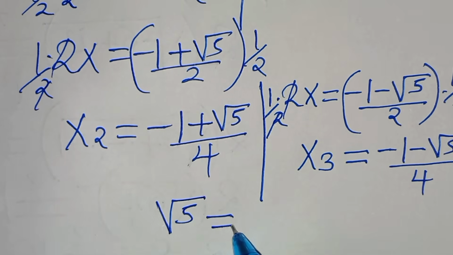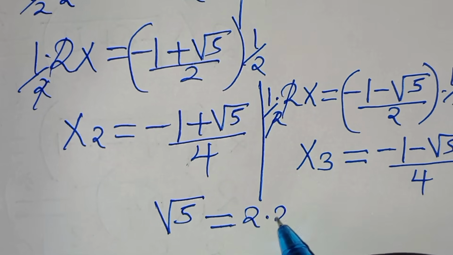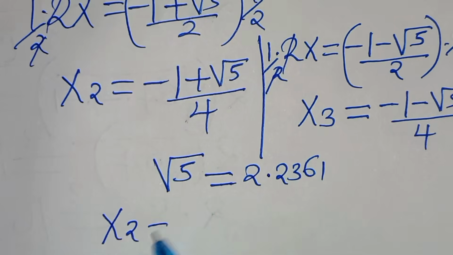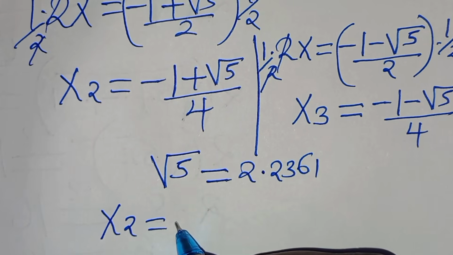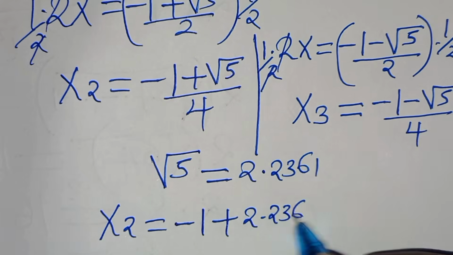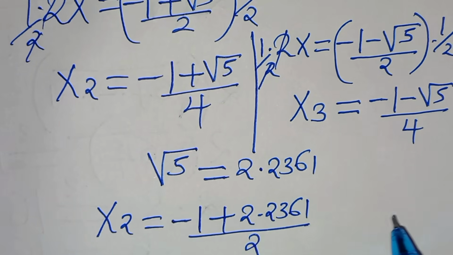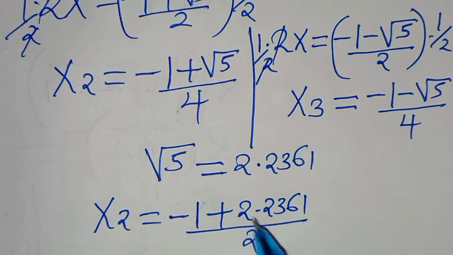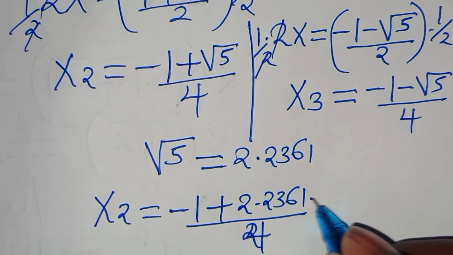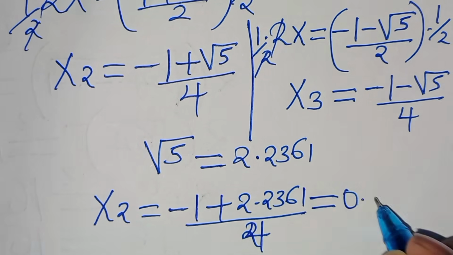Now we have that the square root of 5 is the same thing as 2.2361. So this means that x2 is equal to negative 1 plus 2.2361 divided by 4, and this is equal to 0.31.